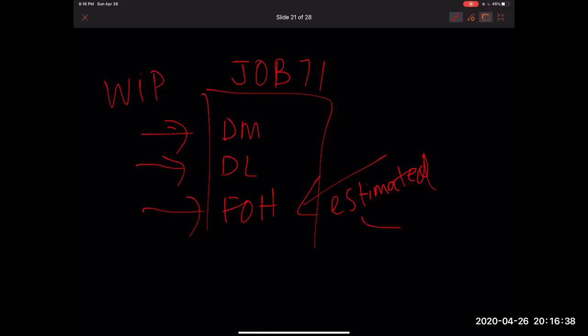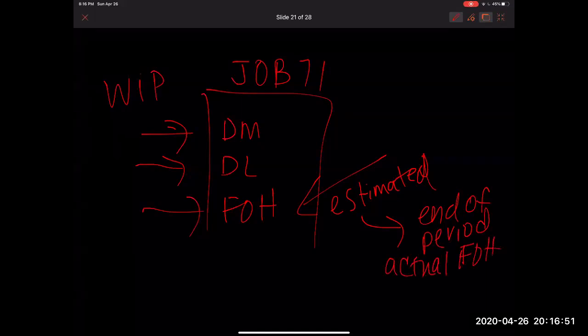Then once the job is done, at the end of the period, this is when we get the actual factory overhead. So there's going to be a difference between actual versus estimate.